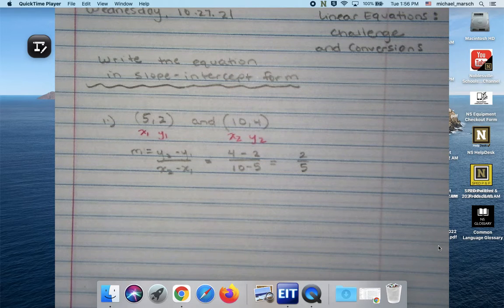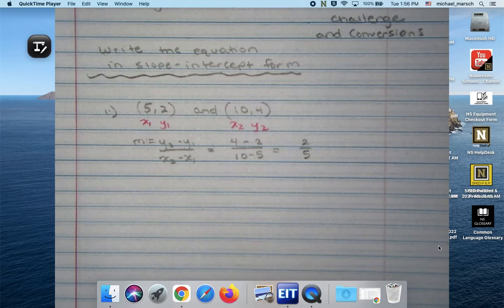Okay, so we have the slope at the start. Now I just need the intercept part. Remember, the intercept is where the line crosses the y-axis, and our x value would be 0.